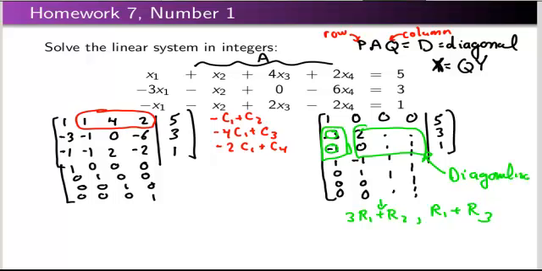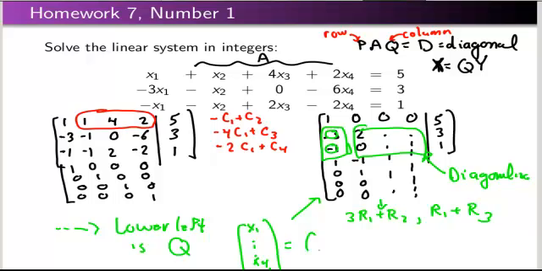So at the end, you go through some more steps. In the lower left corner is the change of variables matrix Q, and so you just set x1 through x4 equal to Q times y1 through y4, and you'll have your diagonalized system up here.